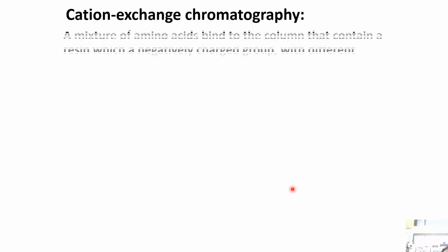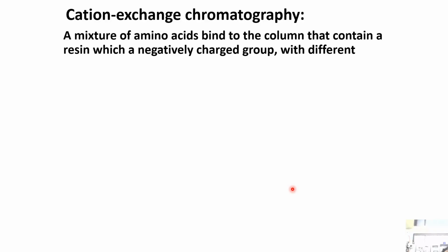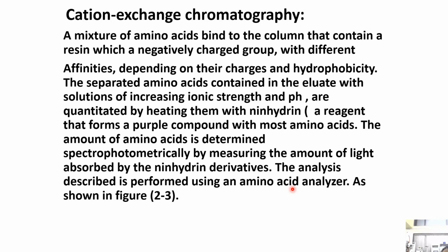If we talk about cation exchange chromatography, a mixture of amino acids binds to the column that contains a resin. It is a negatively charged group with different affinities depending on their charges and hydrophobicity. Separated amino acids contained in the eluate with solutions of increasing ionic strength and pH are quantitated by heating them with ninhydrin, a reagent that forms a purple compound with most amino acids.